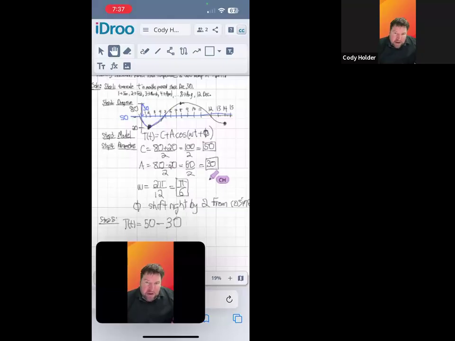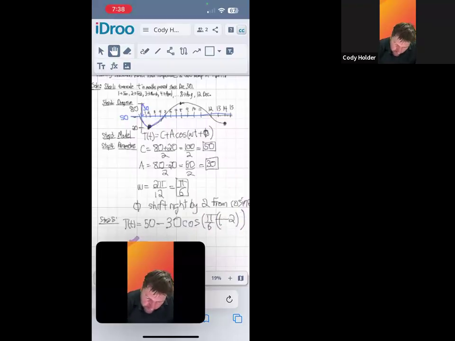But then I produce a negative cosine, not a positive cosine. So cosine of omega t, pi over 6 t, but then t gets shifted to the right, so t minus 2. That's a right shift. Yeah, t minus 2.